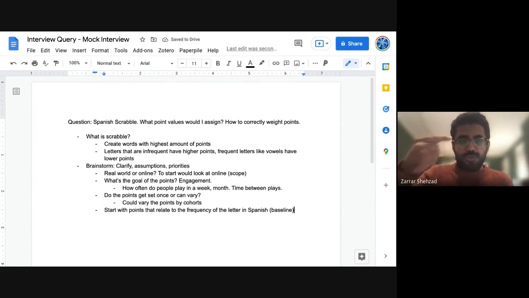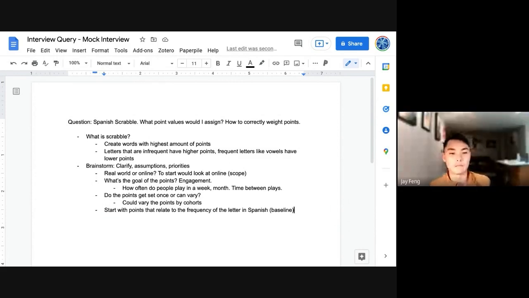And then, like we were talking about, we might have different cohorts, so we could try a few different combinations of points, maybe. Yeah, definitely. I think that's a good baseline. I think the last one would be to understand our existing data set as well, and understand what data we have to actually implement this new model here.